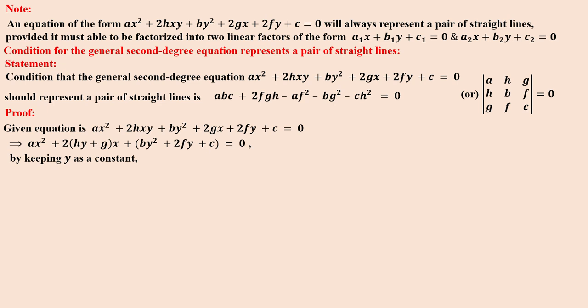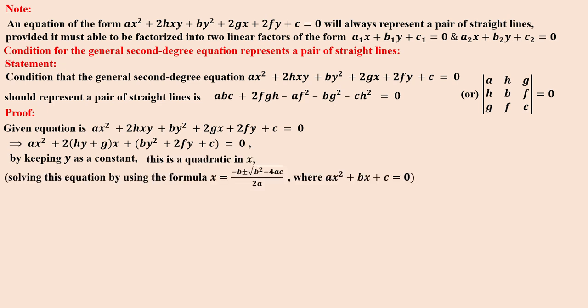See, ax² plus 2(hy + g)x term, then the constant term, equal to 0. So we know, from the theory of equations, solving a quadratic ax² + bx + c = 0 gives x = (-b ± √(b² - 4ac)) / 2a. We are going to use this formula here.